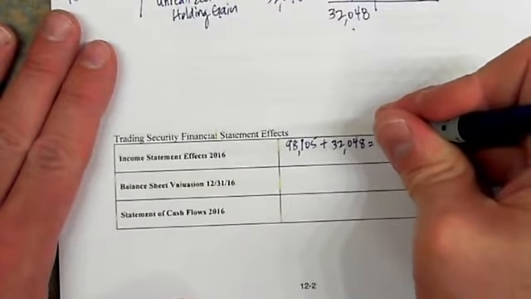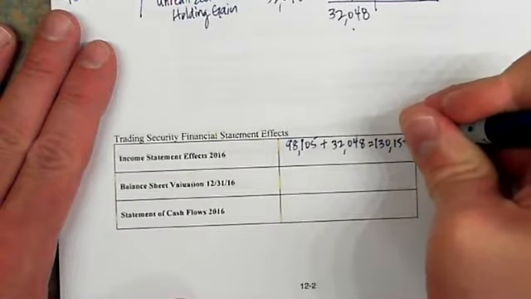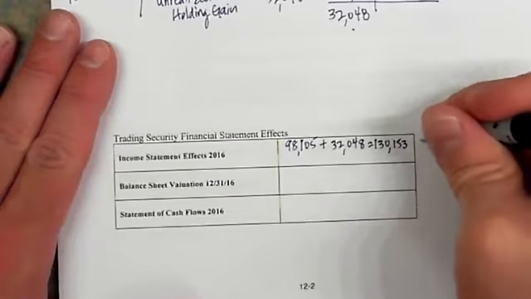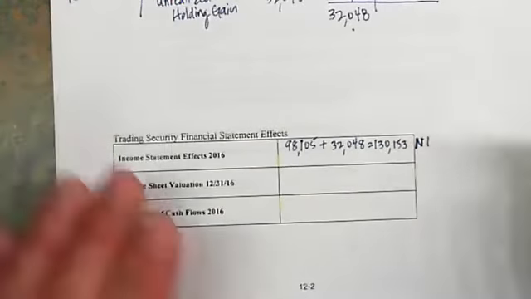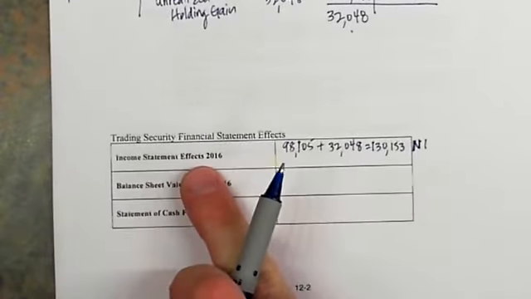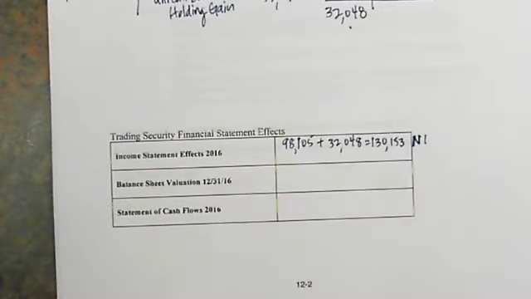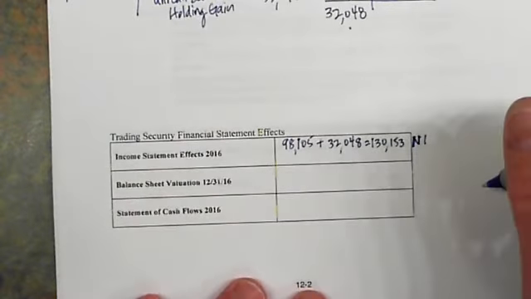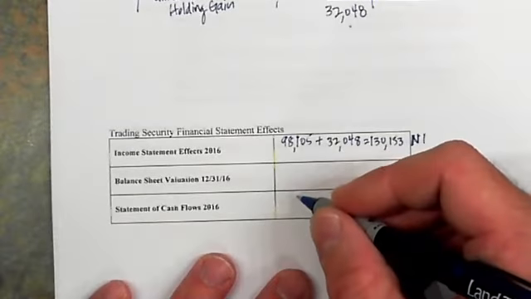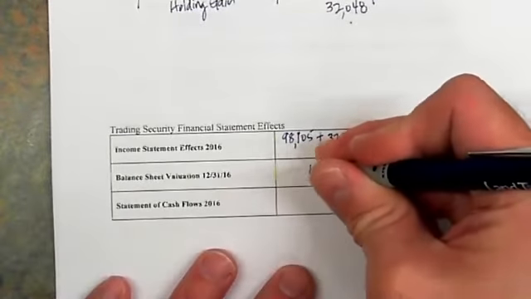And so that makes the overall net income effect $130,153. Now, there is no OCI effect, but whenever I ask for an income statement effect in general, it's good to notate whether it's a net income effect or if it's an OCI effect, because technically both could be on the income statement.